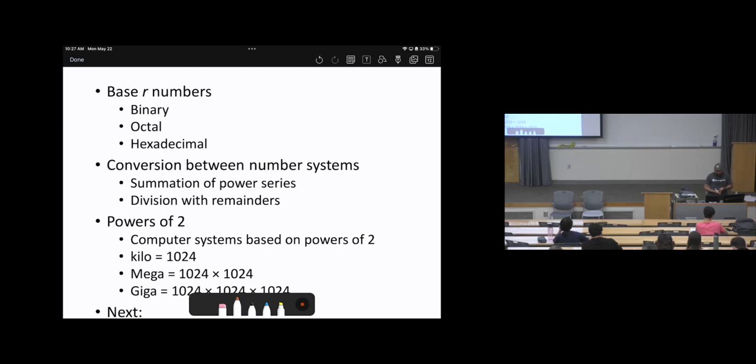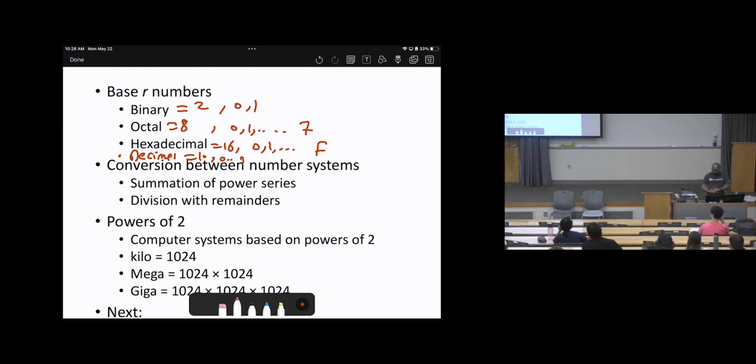Here in this course, we focus on binary, which has only 2 digits, 0 or 1. Octal has 8 digits, from 0, 1 until 7. Hexadecimal has 16 symbols, from 0, 1 until F. Then we have the decimal that we are used to, base 10, from 0 to 9.